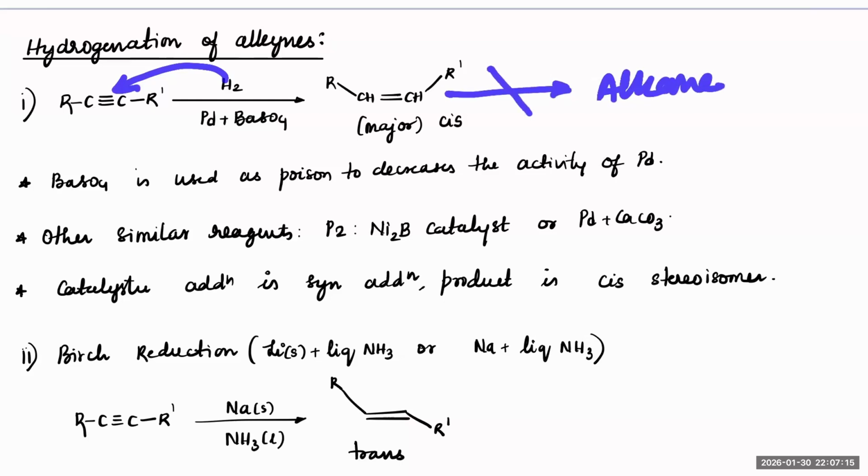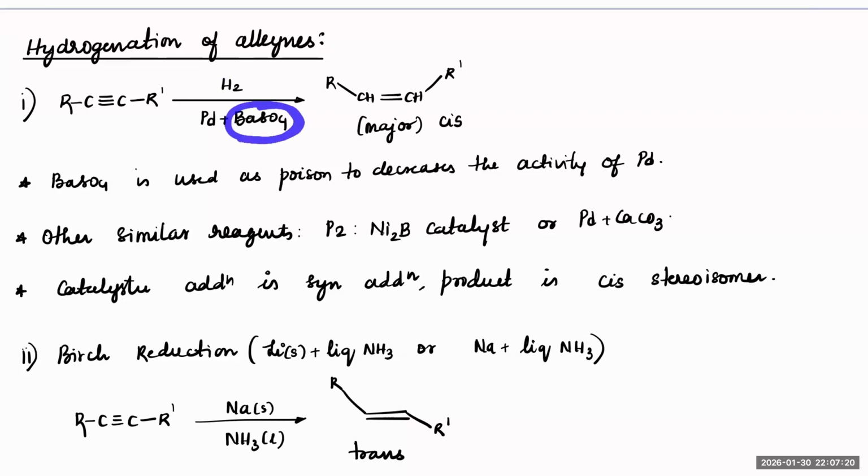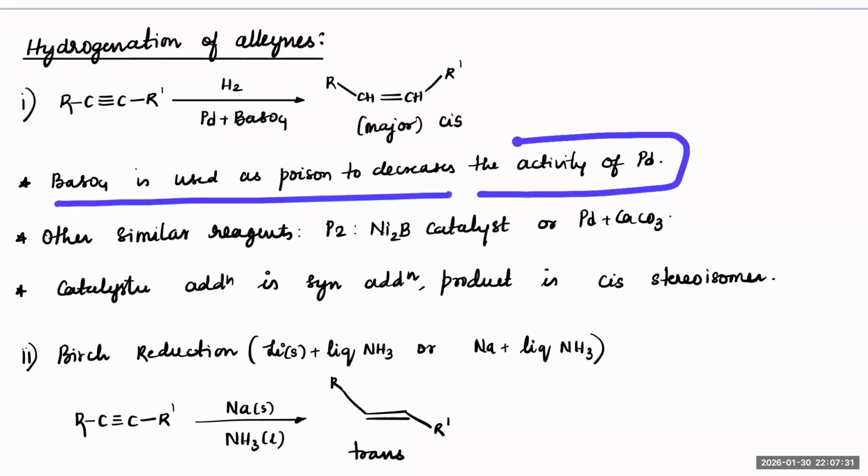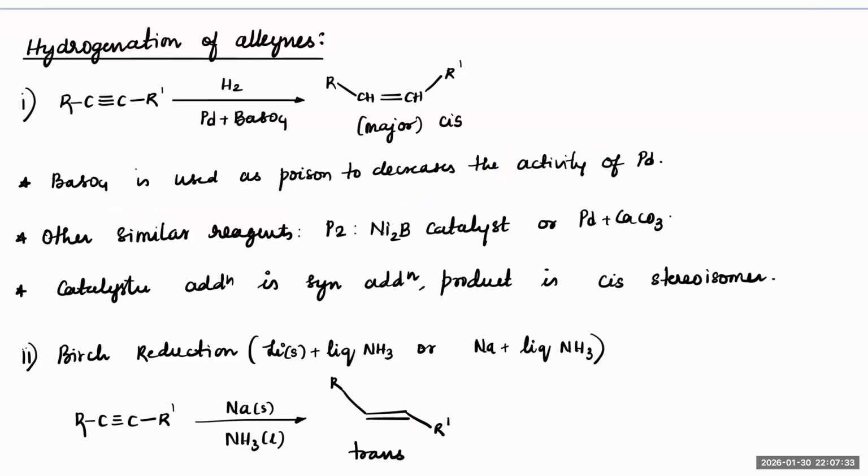But you can stop this reaction from happening when you rub the palladium with barium sulfate powder. When you do that, barium sulfate will act like a poison and this will decrease the activity of the metal surface. As it decreases the activity, it will have less absorption of hydrogen gas. And also, these alkynes are only encouraged to get absorbed up to the formation of alkenes.